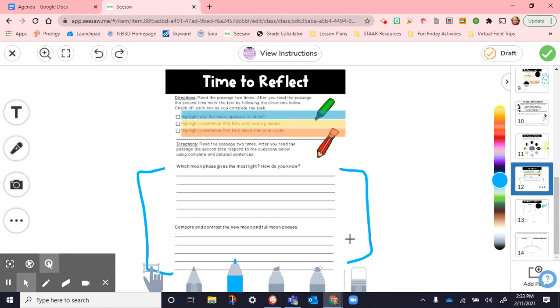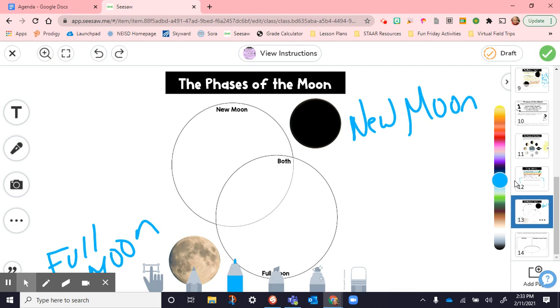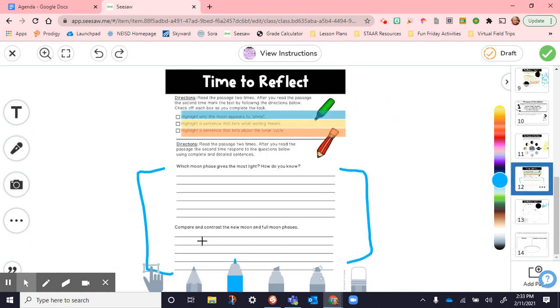I would do this part first, and then that helps you write this part where you're comparing and contrasting. So just talking about how are they similar, how are they different? And then this question here, which moon phase gives the most light? How do you know? All right, so draft that when you're done with that.